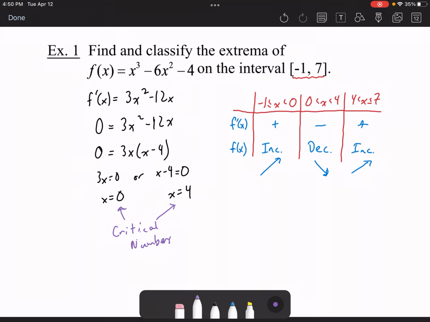But we also have -1 and 7 as critical numbers, because these are our endpoints. So we also need to calculate the values at -1 and 7. Okay, so let's find these values out.